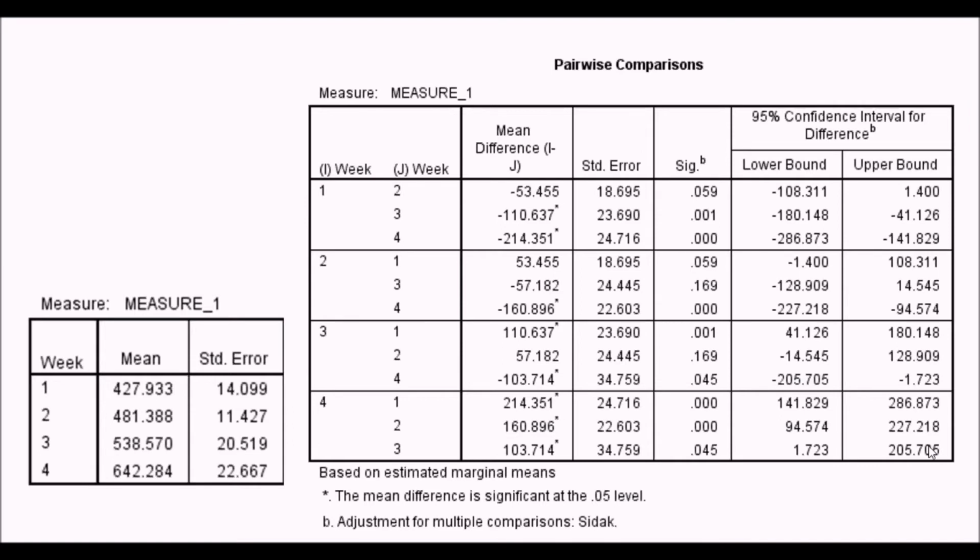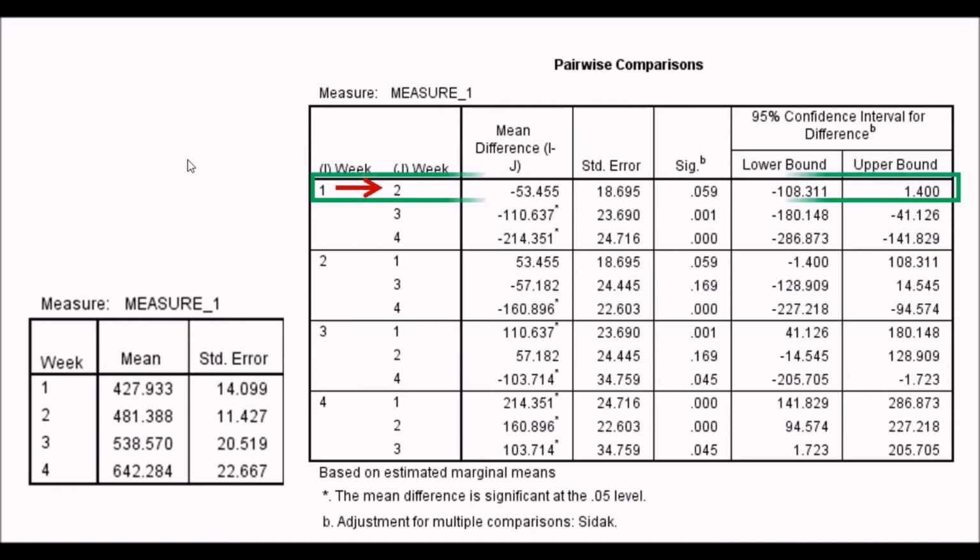We can then use the post hoc tests, which in SPSS will be the pairwise comparisons table, to pick out exactly what differences we've got here. And I've put on the left-hand side the mean scores just to remind us of what's going on with these. Now, just remember for these post hoc tests, the way that the output is organized is that, first of all, you can compare week 1 with week 2 here.